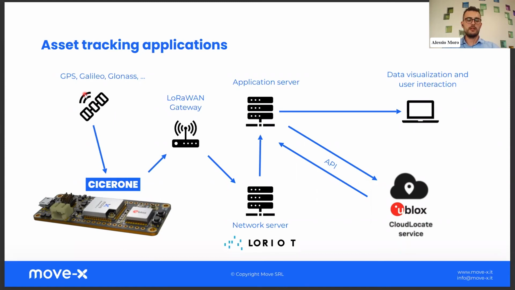It embeds the data into a 50-byte length message and sends it through LoRaWAN to the application server. The application server talks to the CloudLocate service to decode this 50-byte message into actual coordinates, and then shows the coordinates in a data visualization system, for example, a cloud platform. In our case, it is a desktop application.